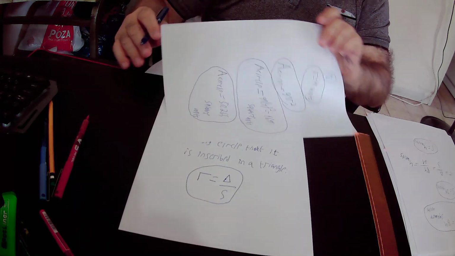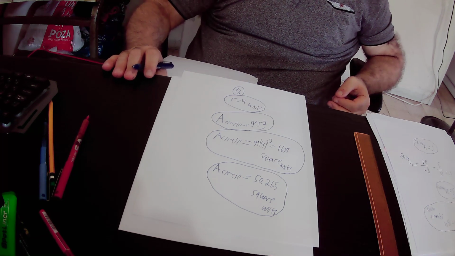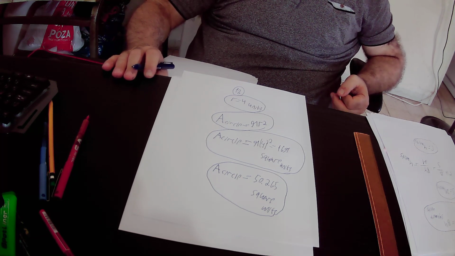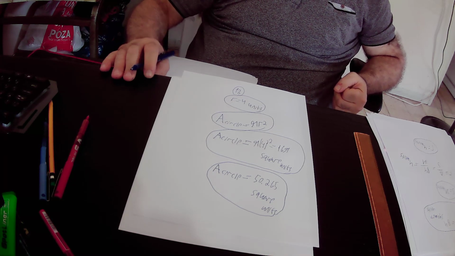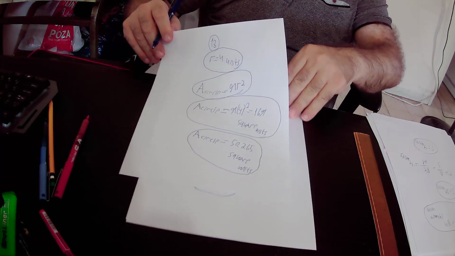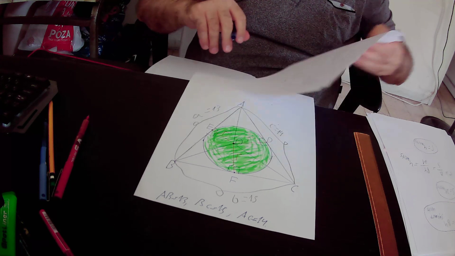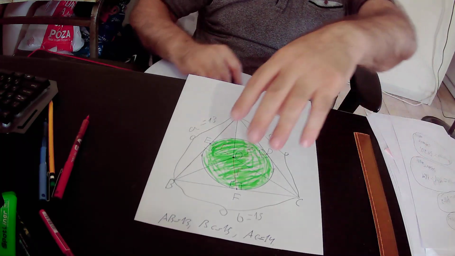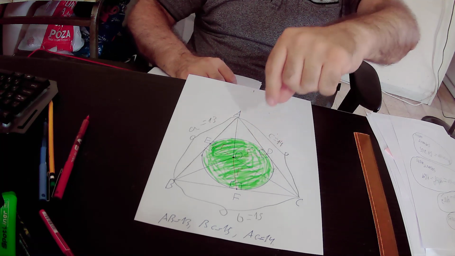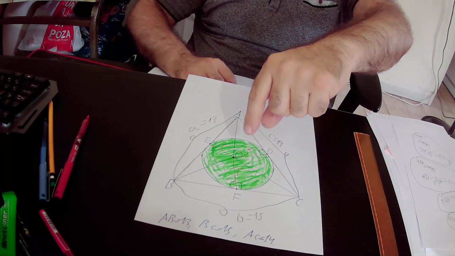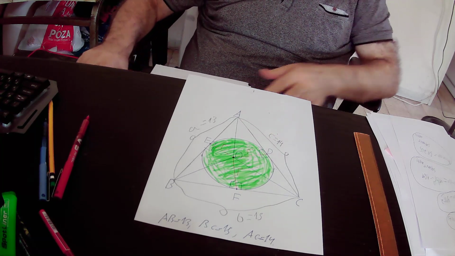Okay, the area of the green circle equals either 16 pi square units or 50.265 square units. The area of this green circle equals either 16 pi square units or 50.265 square units. Okay, so now I will summarize the lecture.